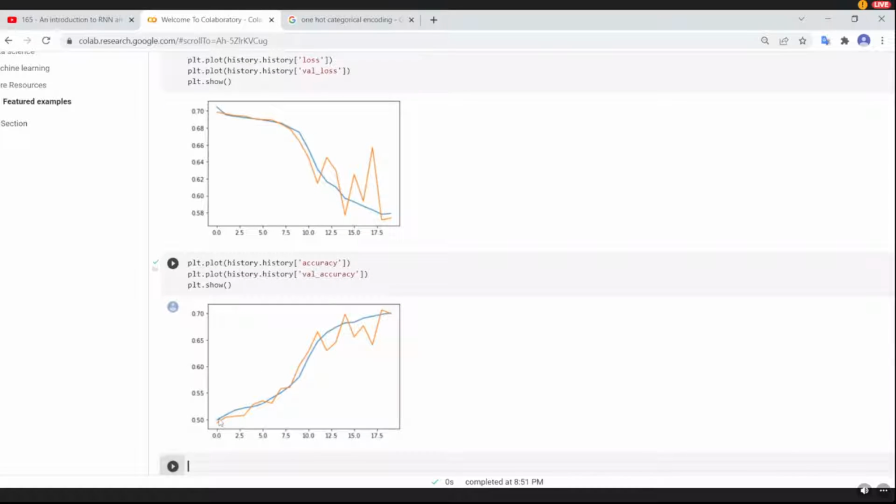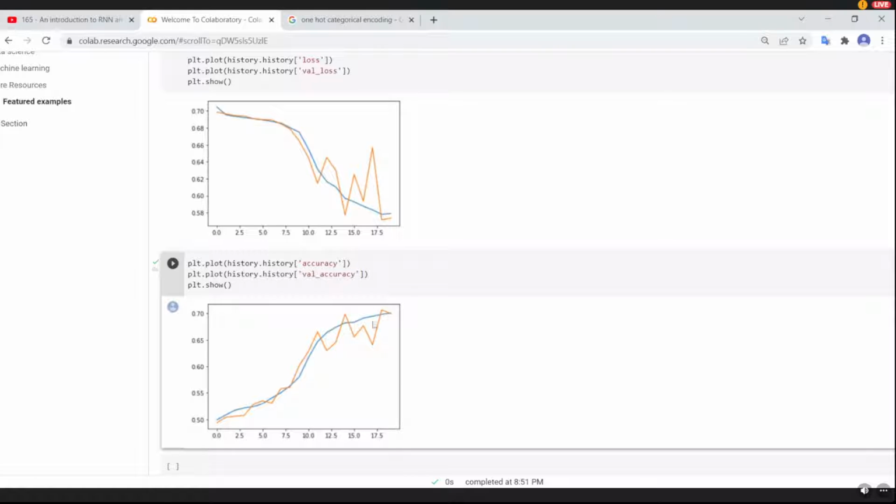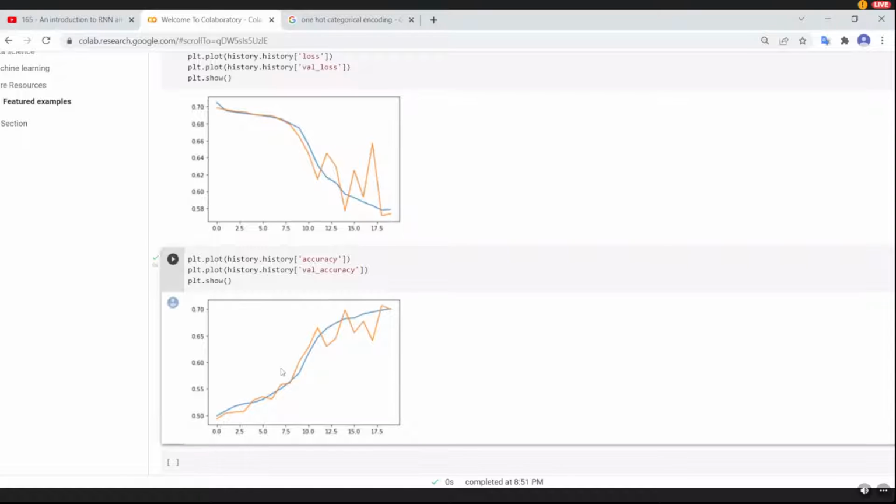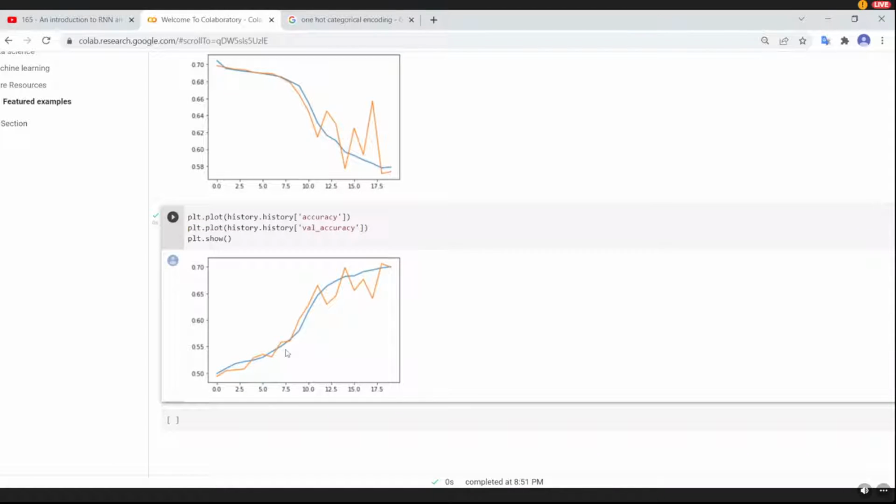You can see how our accuracy gradually increased, and this means that our prediction of whether the movie content is positive or negative is predicting correctly. So we can see how our accuracy is improving.